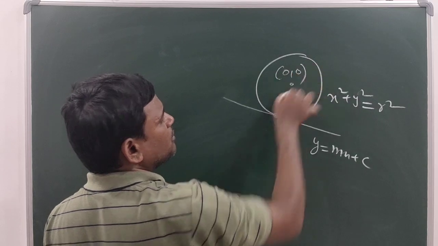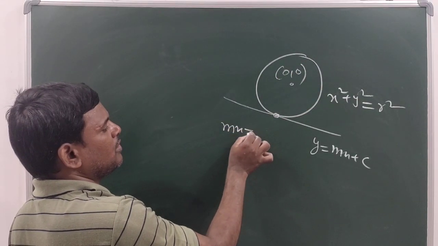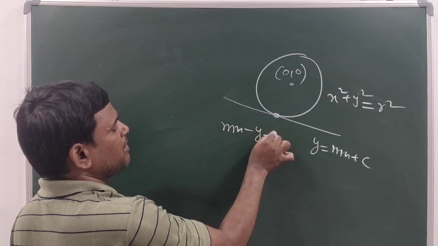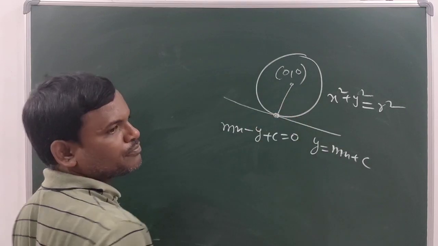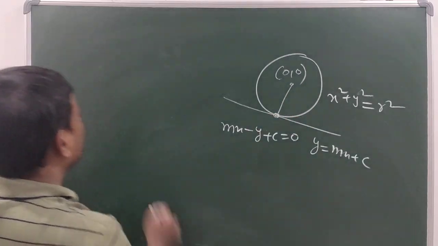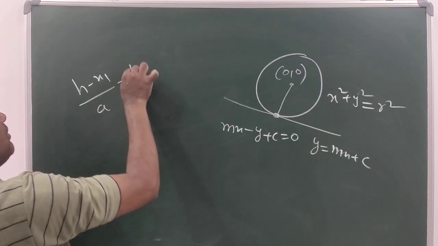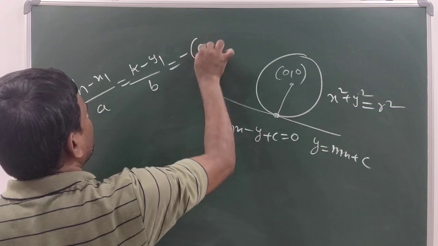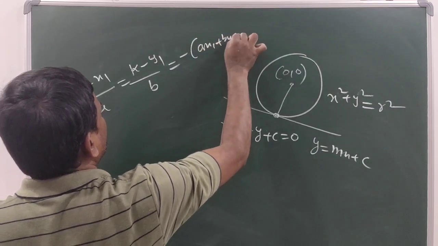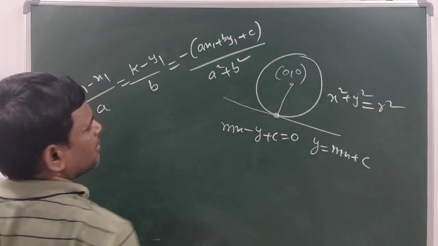The center is 0, 0. Now write this tangent equation in standard form, mx minus y plus c equal to 0. Now find the foot. To find the foot, we have a theorem called foot of the perpendicular: h minus x1 by a is equal to k minus y1 by b, which is equal to minus of ax1 plus by1 plus c by a square plus b square.